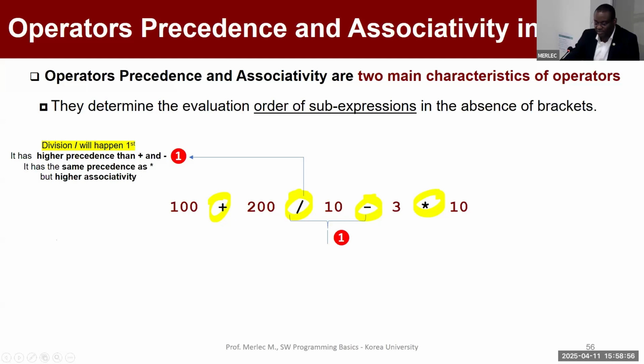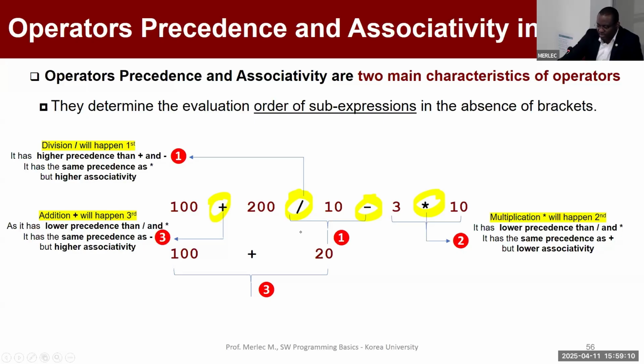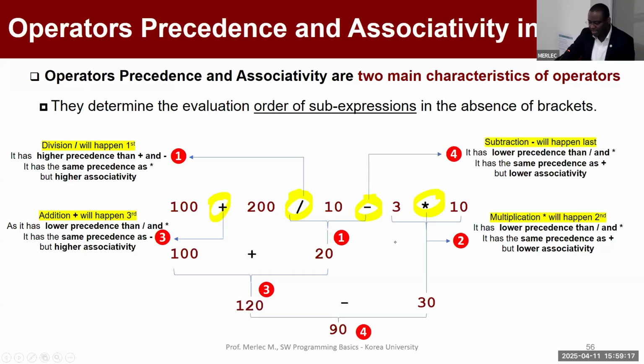In terms of associativity, that's why we go from the left to the right. Then, secondly, the multiplication will be performed. And then the addition will be performed because it has a higher precedence than the subtraction. Then the subtraction will be performed as the last operation. So if you would like to enforce a particular logic, again, be sure to enforce that with parentheses.